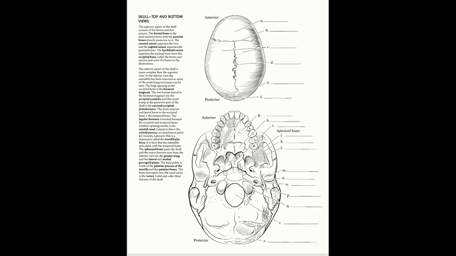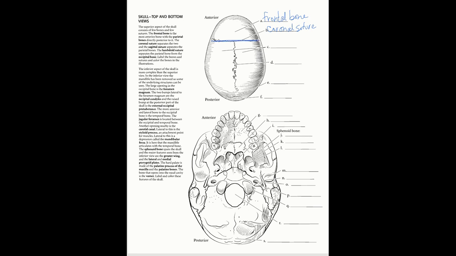Superior view is going to be our most simplistic view of the skull. We're looking at the frontal bone, the coronal suture. Remember, coronal is a directional term meaning separating front and back.